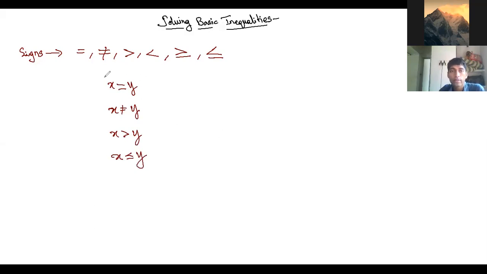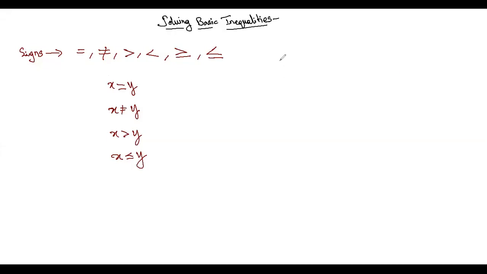how do you translate these inequalities in English? Someone like to guess. First one, this will be read as x is equal to. This will be read as x is not equal to. This will be read as x is greater than.